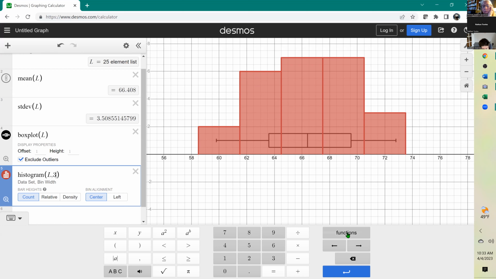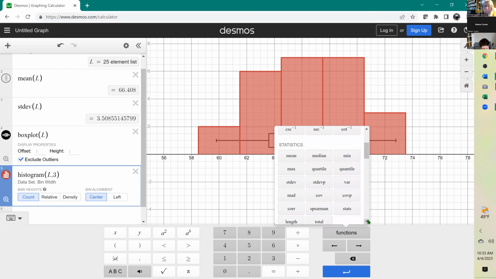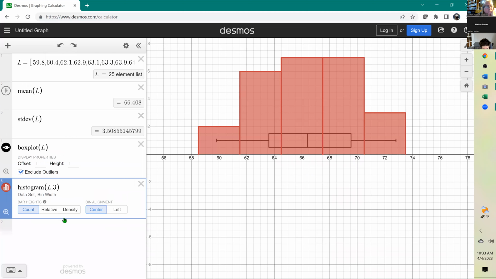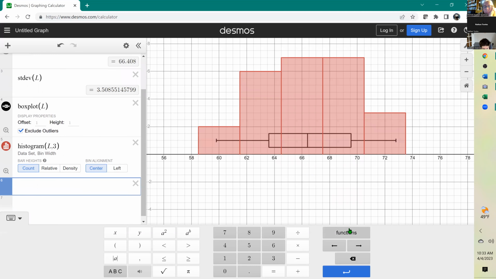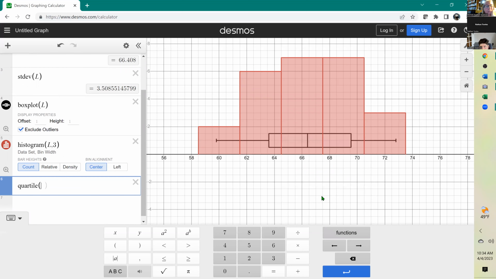I don't know of any other graphs. If you're finding the quartile on here, whoops, I didn't go down to the next group. I think you have to put comma 1. Yeah, there's the lower quartile, Q1.